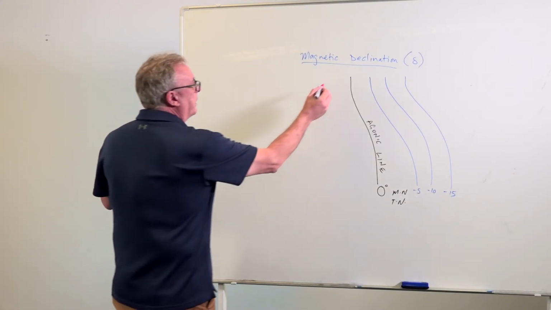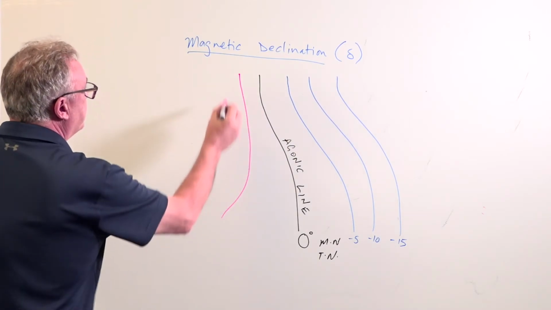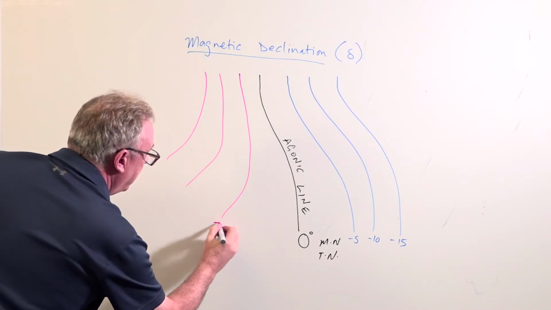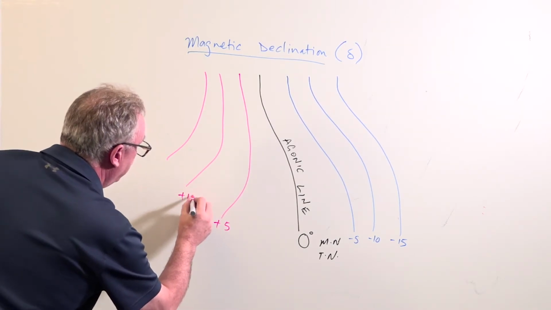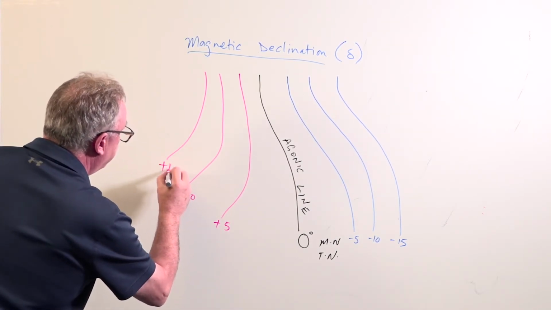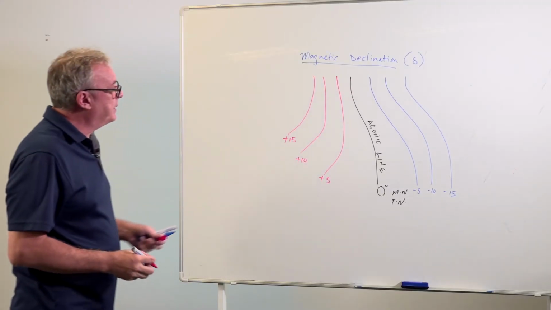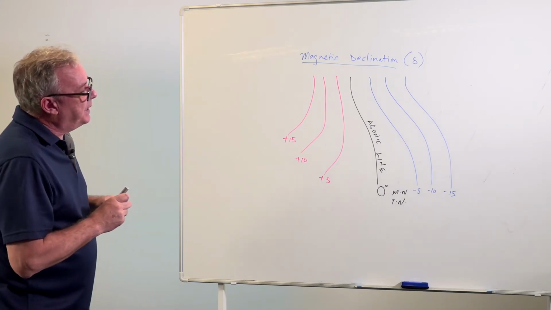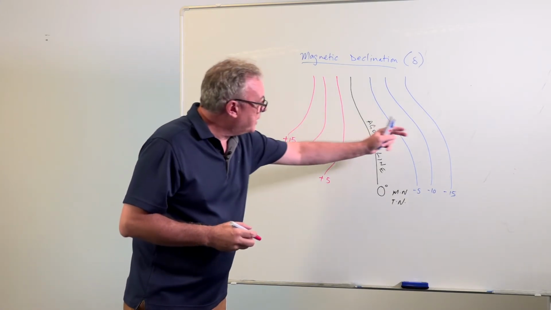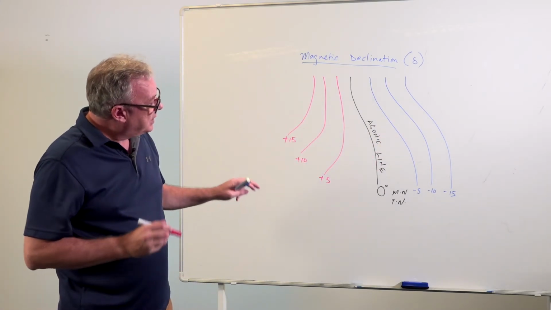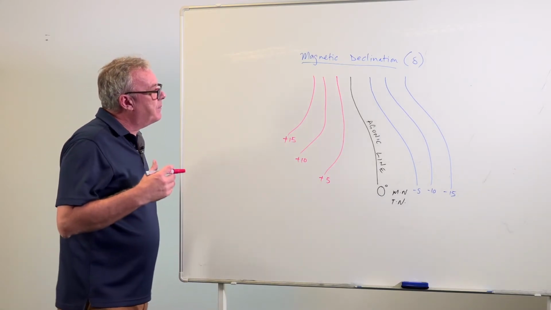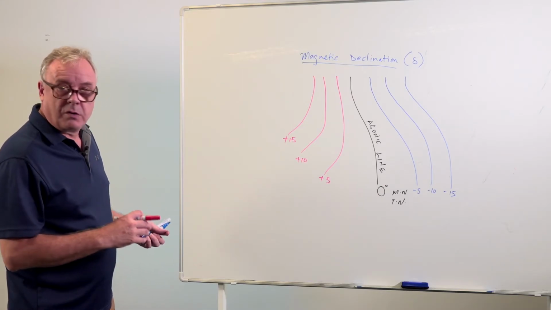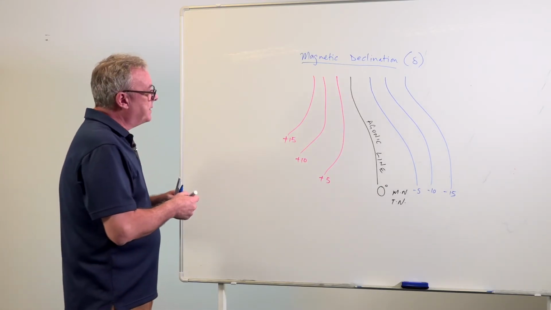To the west of the agonic line, I can have another series of contours that will show me the value of magnetic declination to the west of the agonic line, as we have shown. So that is going to be the picture that we're going to see of how magnetic declination is going to be changing. And I've drawn this to try and emulate as closely as I can from my memory what the magnetic declination will be like over the area of Texas.